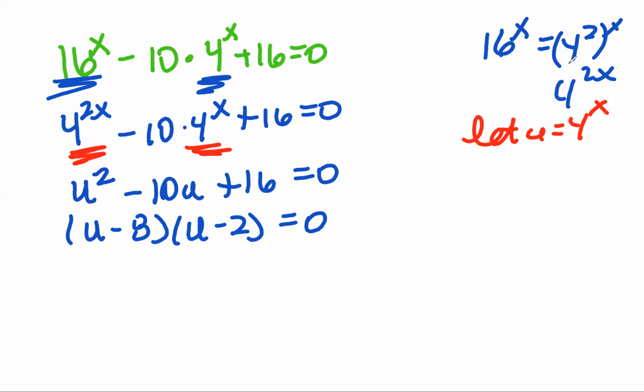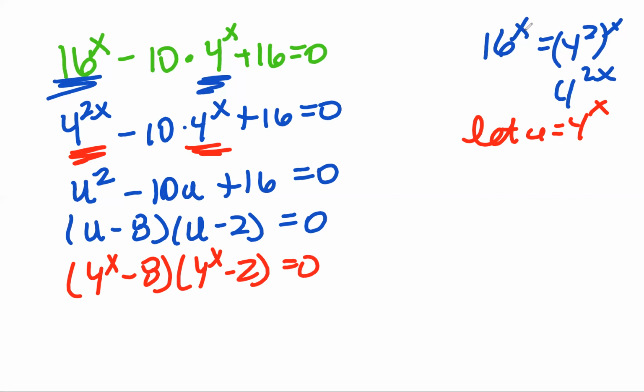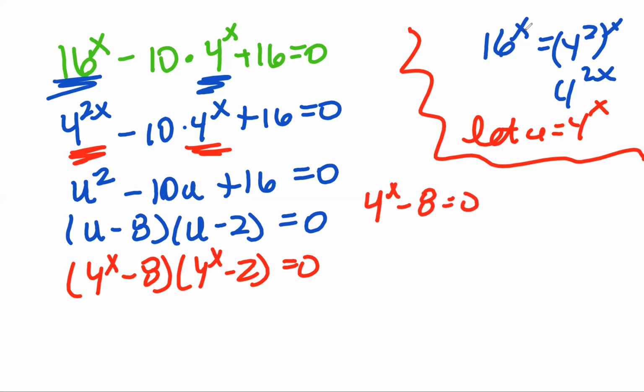Substitute back in what you were supposed to. So 4 to the x minus 8 times 4 to the x minus 2 equals 0. Split it. So 4 to the x minus 8 equals 0, and 4 to the x minus 2 equals 0. So 4 to the x is equal to 8.